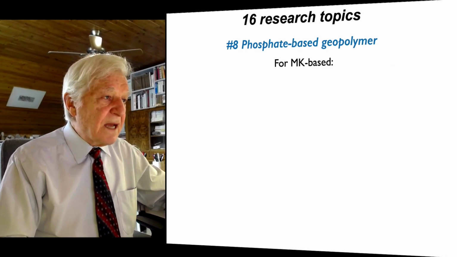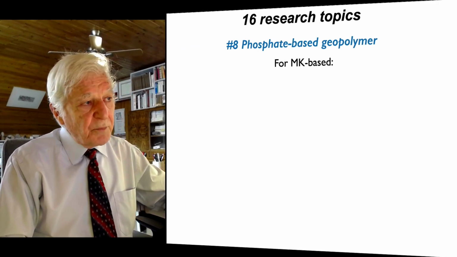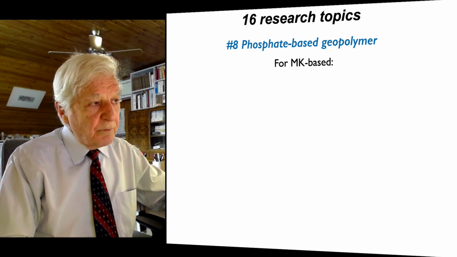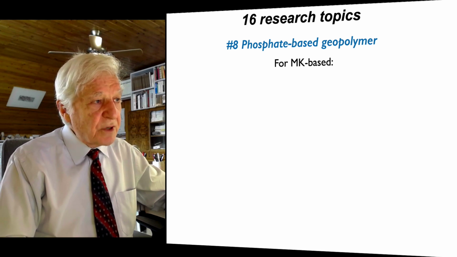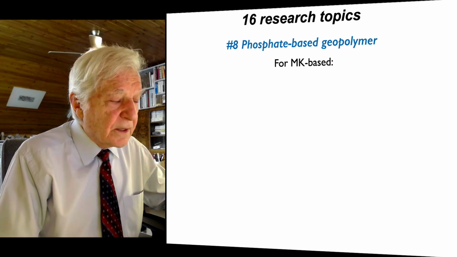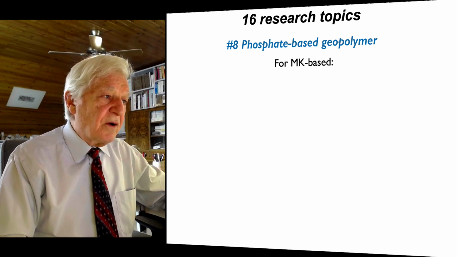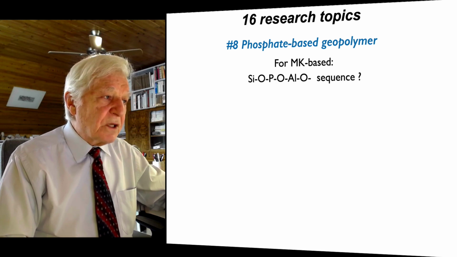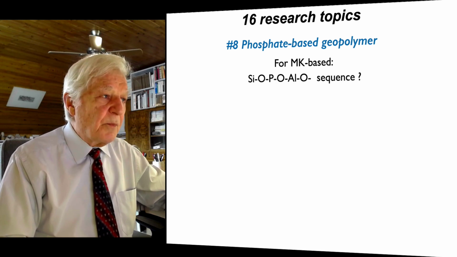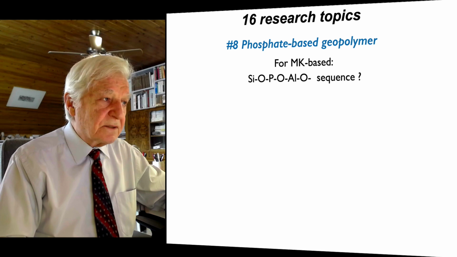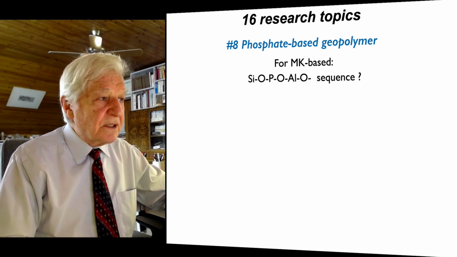The second development is based on one question that is raised by chemists, which is the following. What type of geopolymer unit do we get when reacting Metakaolin with phosphoric acid?